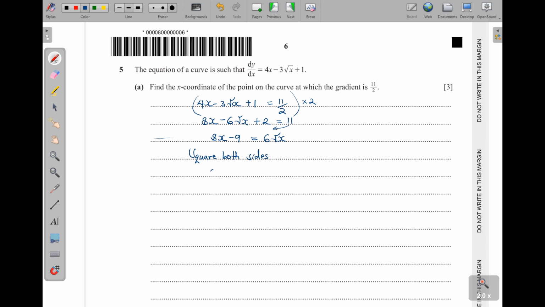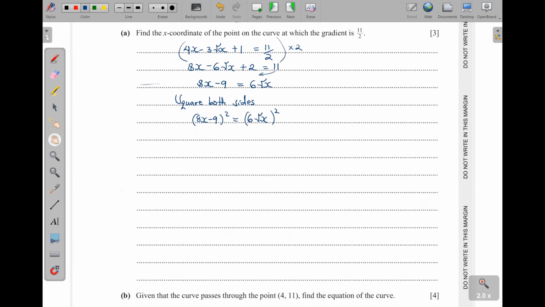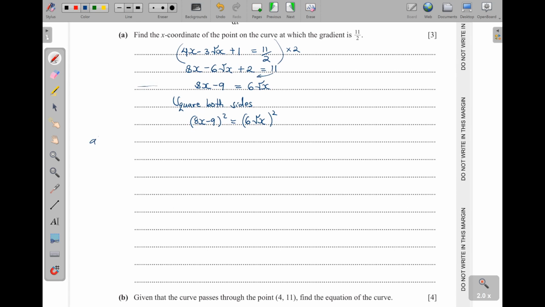When we square both sides, we shall have 8x minus 9 squared is equal to 6 root of x squared. The simple expansion of this one here is going to be, because we use a squared plus 2ab plus b squared. So you square the 8x, you get 64x squared.